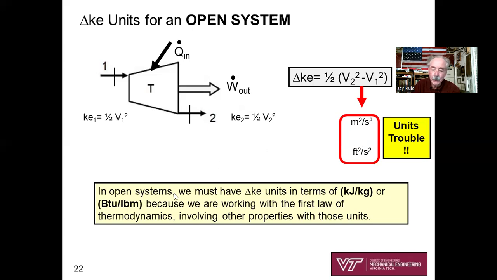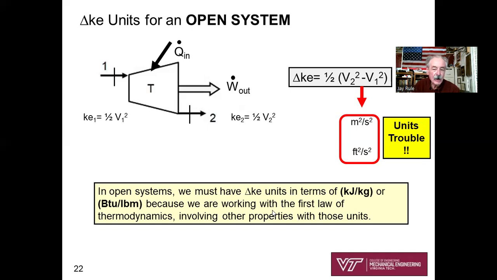And so in open systems, similar to closed systems, we need to have delta ke in kilojoules per kilogram or BTUs per pound mass or foot-pounds force per pound mass, because when we're working in open systems, we're typically working with the first law of thermodynamics.